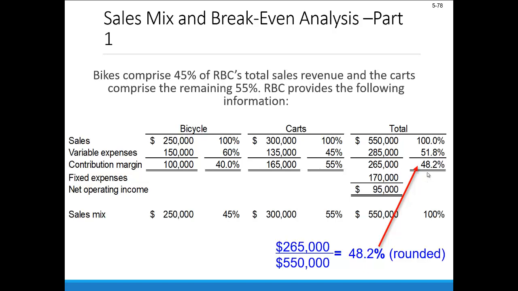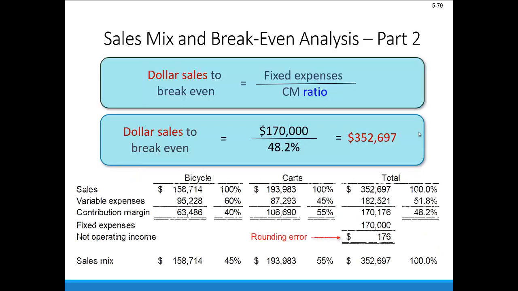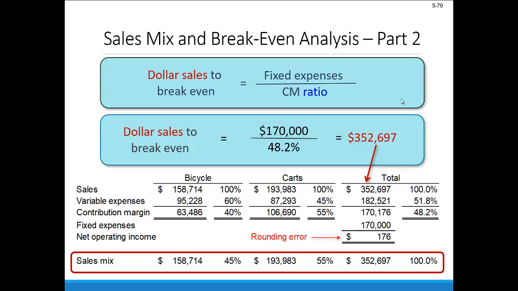And that tells us too that RBC on average, for every dollar in sales they generate company-wide, generates about 48.2 cents in contribution margin. Now, if we want to find the dollar sales to break even, then we can use the same tool we did before. Take our total fixed expenses, this would be company-wide, divided by that company-wide CM ratio.